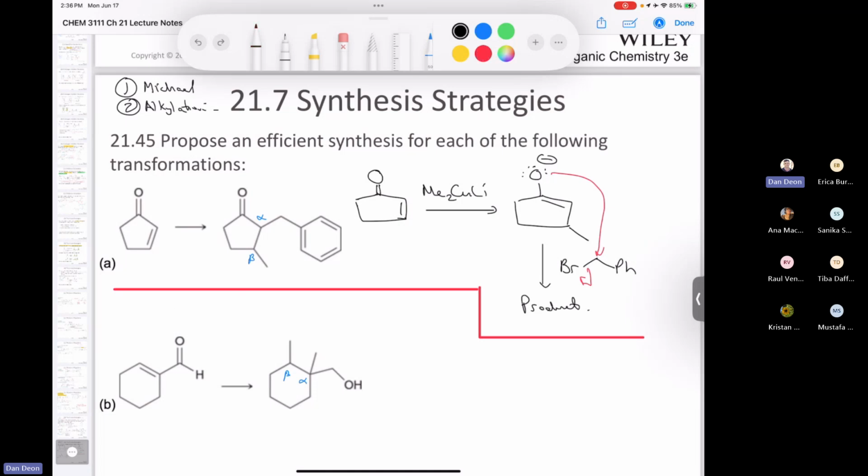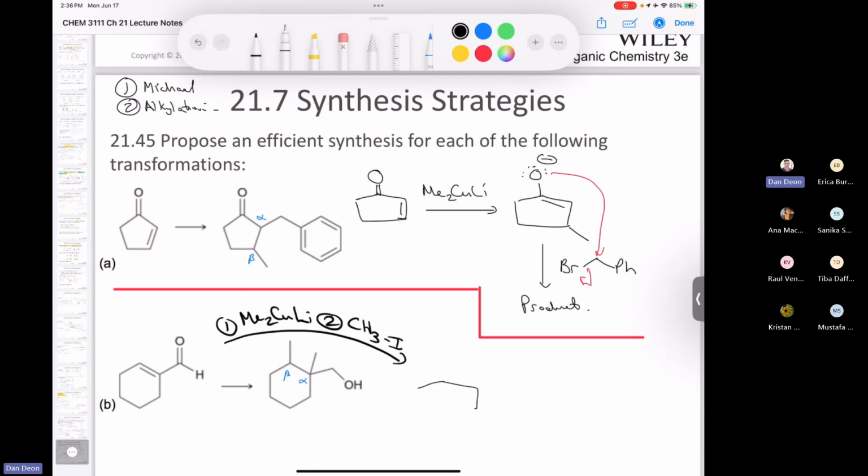So step one, if we take the starting material, we need two methyl groups. So we'll use lithium dimethyl cuprate in the first one. And then in step two, we use iodomethane. Then we're going to have this compound.